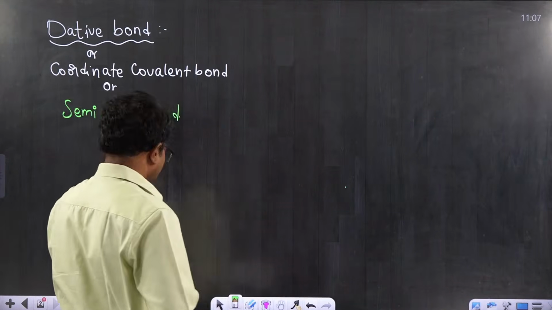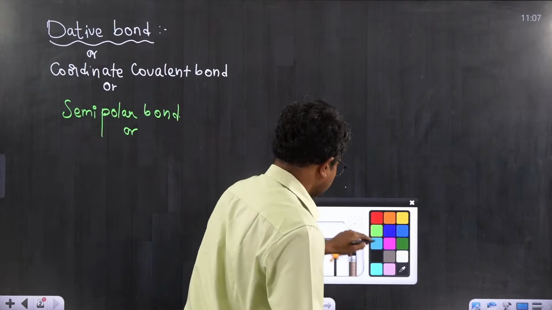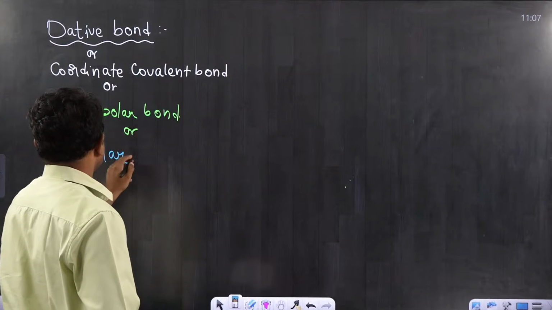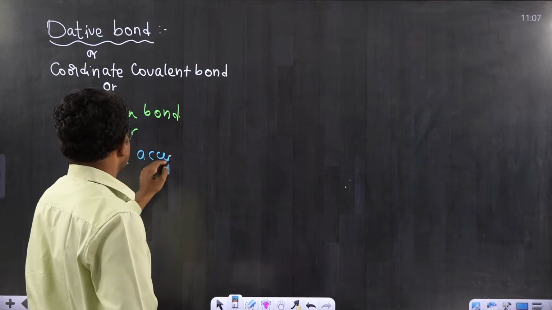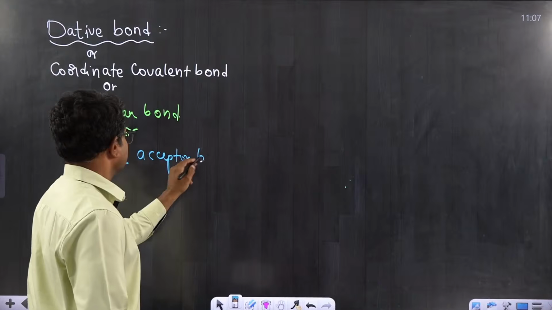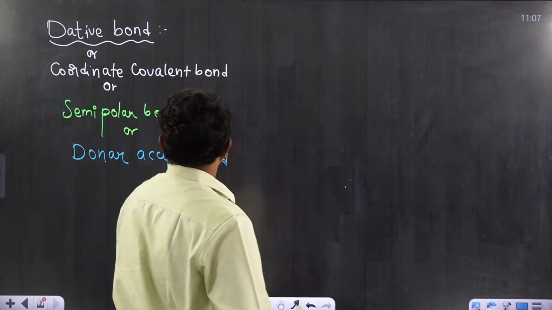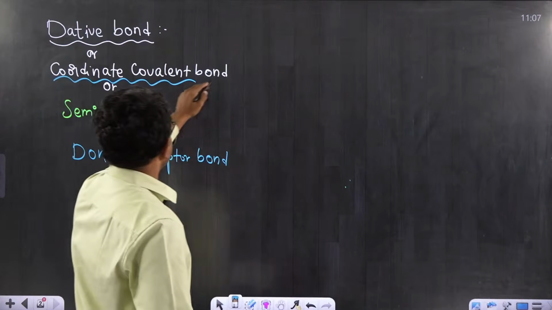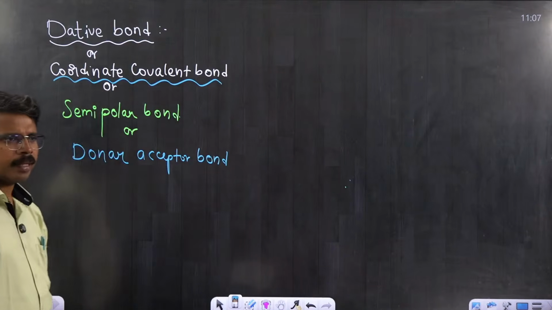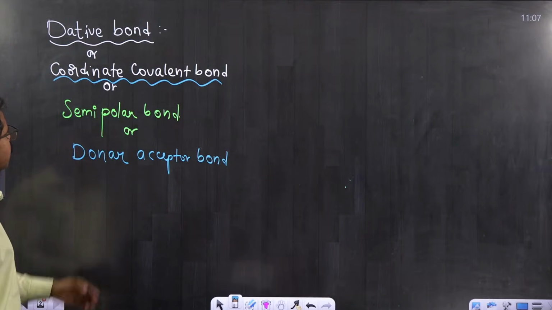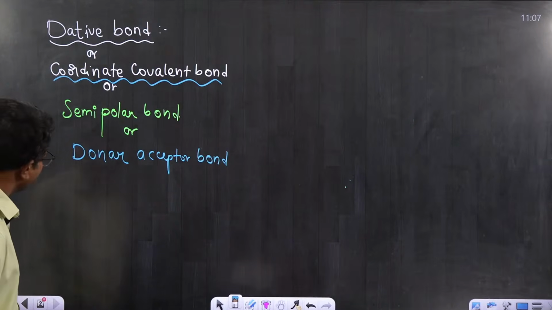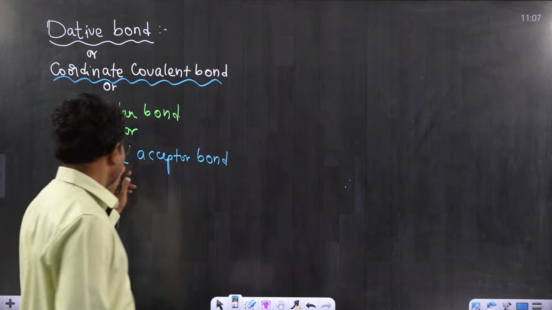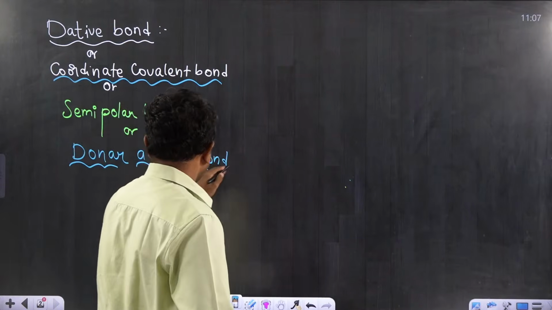It can also be called a donor acceptor bond. You need to know all these terms properly. Sometimes we use Dative bond, sometimes coordinate covalent bond, and we can also use the terms semi-polar bond and donor acceptor bond.